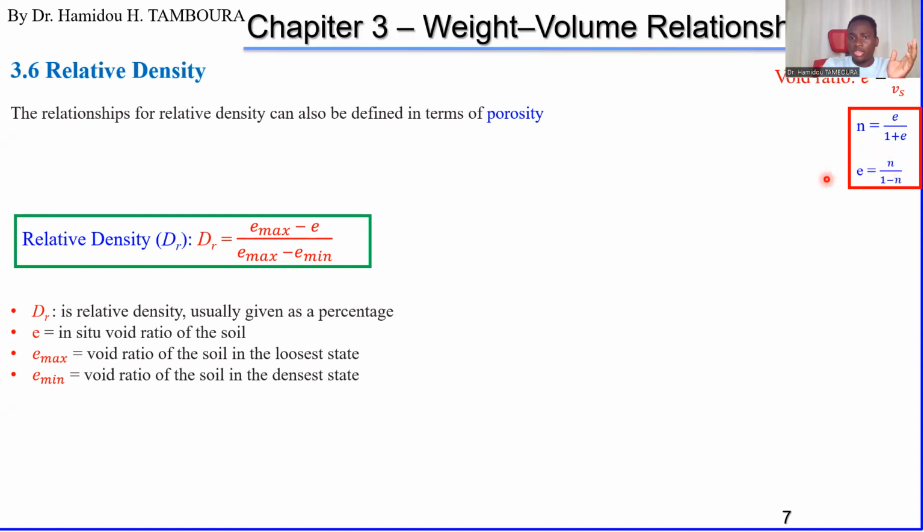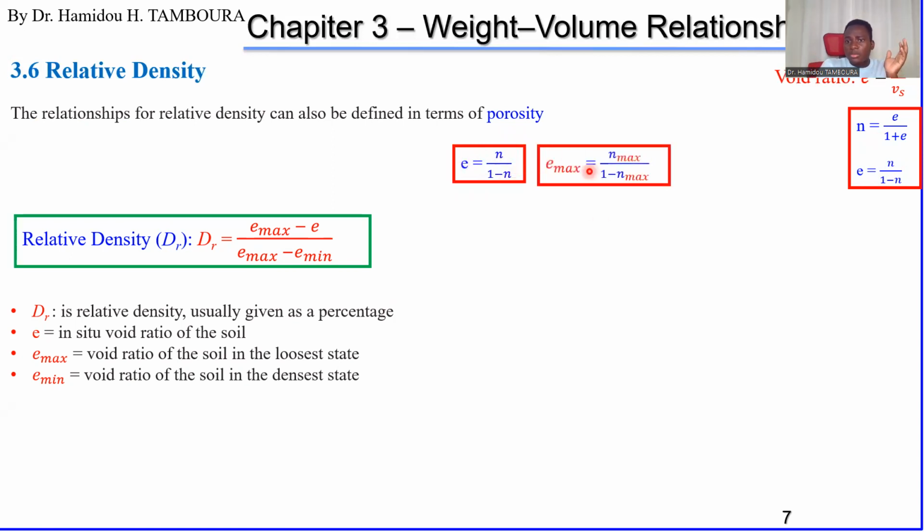So by using this relationship between E and N, E max will be N max divided by 1 minus N max, and E minimum will be N minimum divided by 1 minus N minimum.